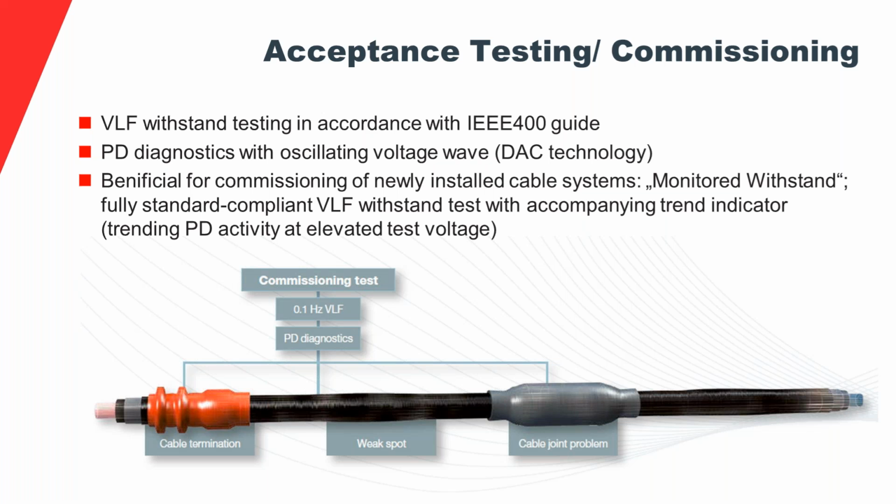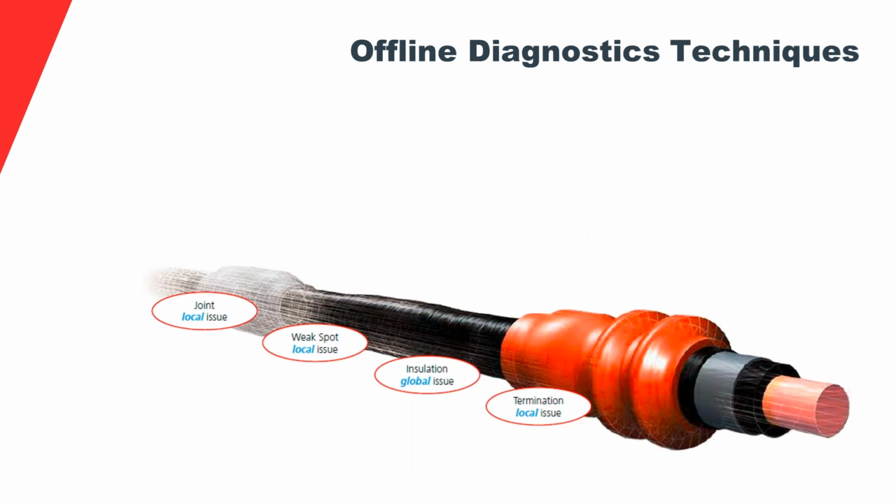For acceptance testing, which is also the latest trend in Europe, that's the hot topic: monitored withstand test, cosine rectangular VLF with accompanying partial discharge trending. That is in the process of becoming the acceptance test now in the IEC world. And then just to give you an overview of the different problems you can have in a cable: joints or splices, you have the local weak spots, the insulation degradation, and then the terminations.